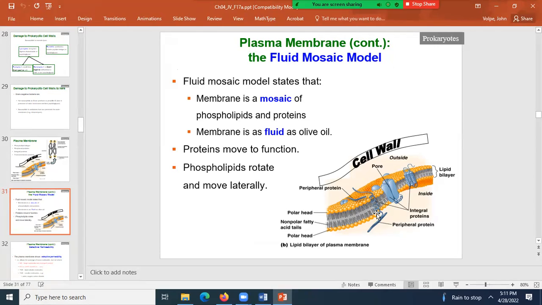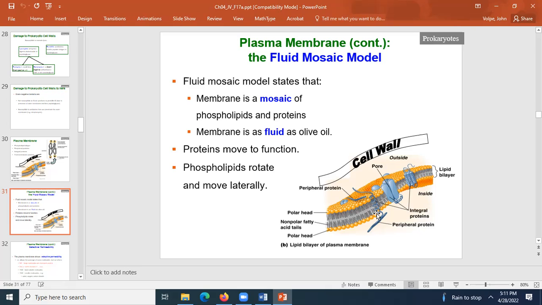If you don't know, take olive oil at room temperature, and it's all liquid. In fact, you put olive oil at body temperature, which is closer to 37 degrees Celsius or 98.6, and it's even more runny.